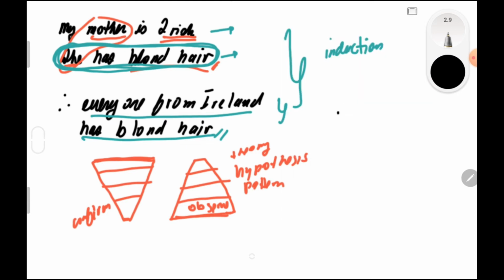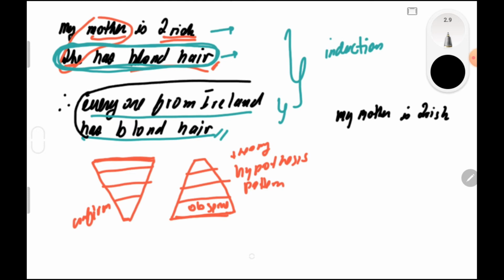So, my mother is Irish. Okay? Ngayon, ang gagawin natin, since this is a conclusion na linagay mo, gagawin ko siyang premise.